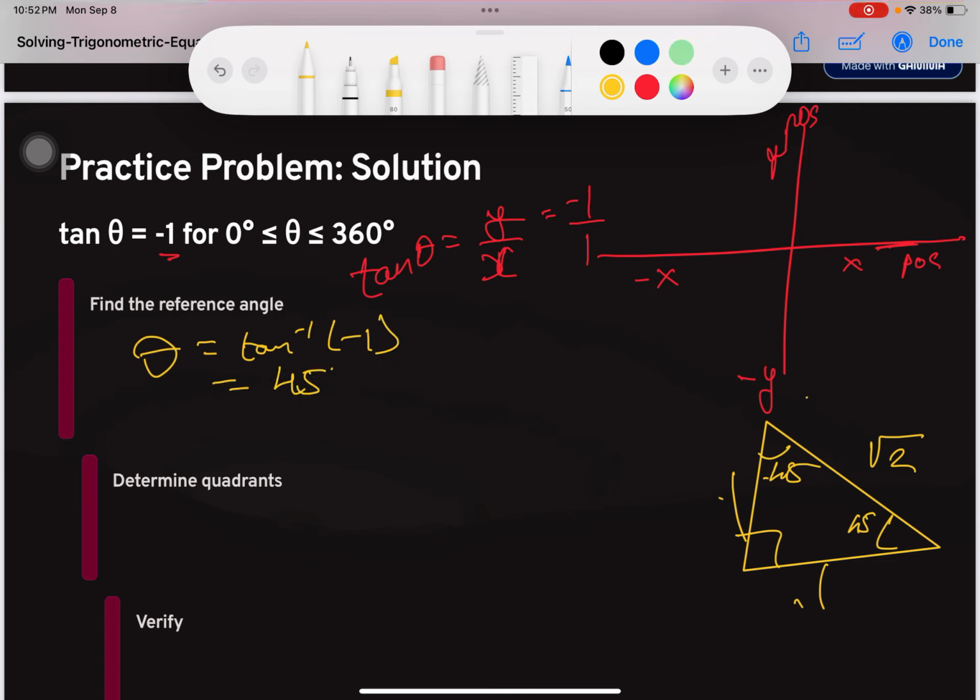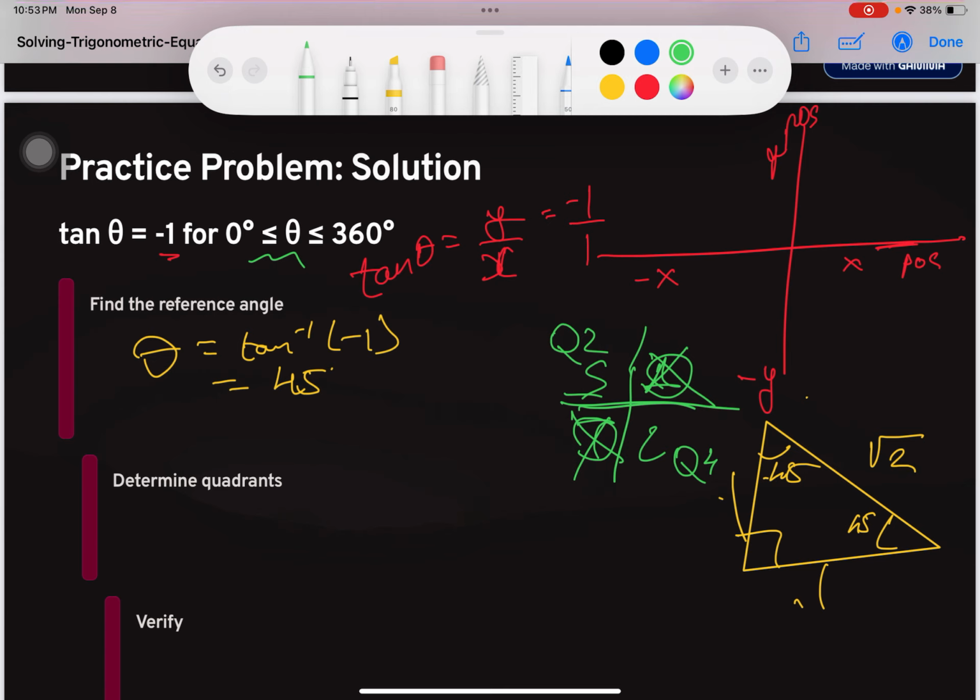So let's do the cast rule, because we need to determine where it lies. Tan is negative. Where is tan positive? Tan is positive here and here, so those are not the answers. It lies in quadrant 2 and quadrant 4.